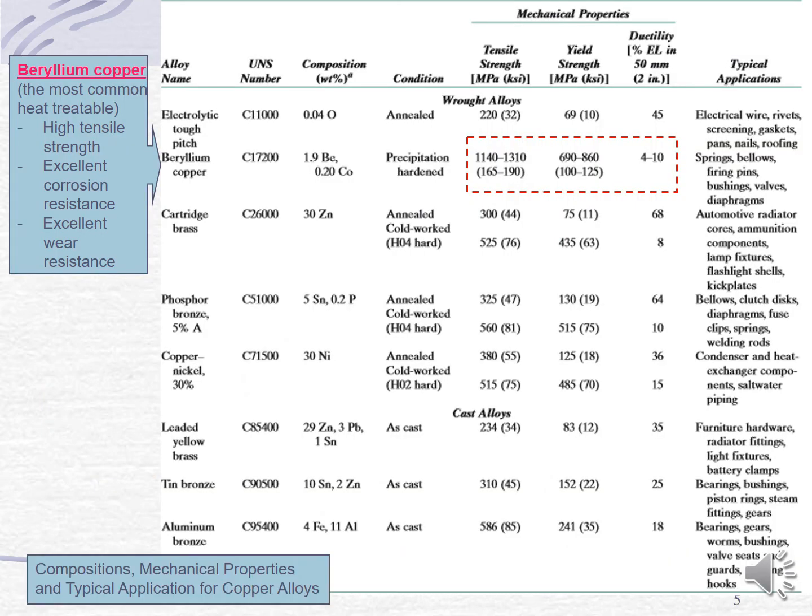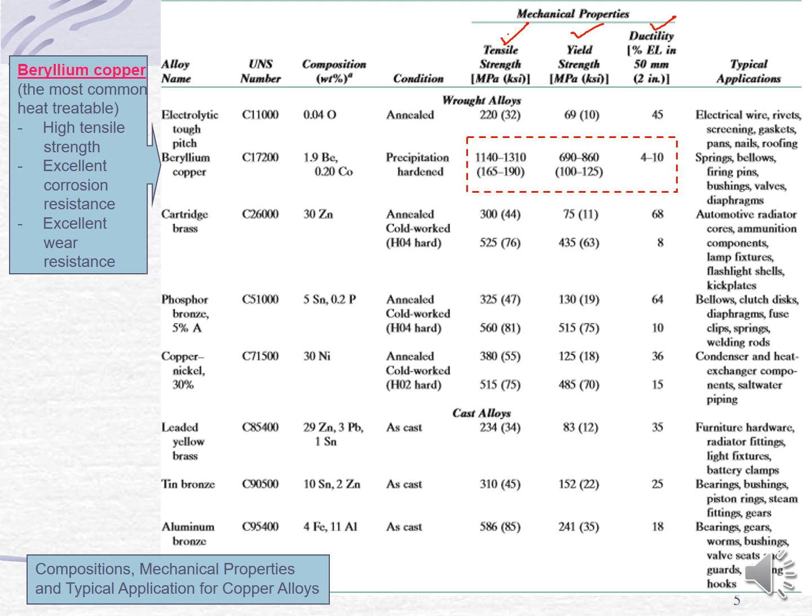This table shows the mechanical properties of various types of copper alloys. You can see the tensile properties, yield, and also the ductility.